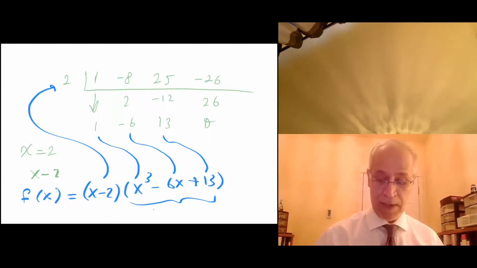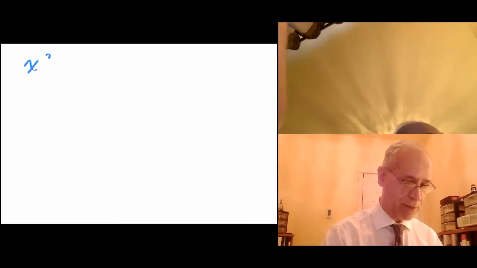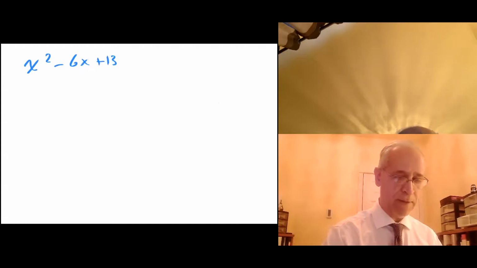Let's go to the next page, and I'm going to use the quadratic formula to factor that. So, let me write it here: I have x to the second minus 6x plus 13.